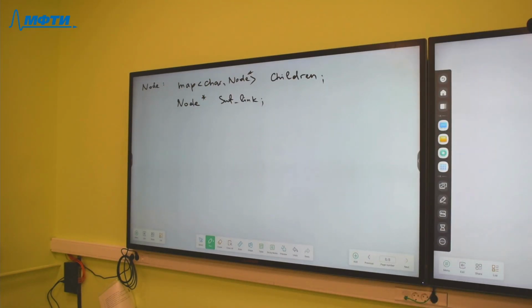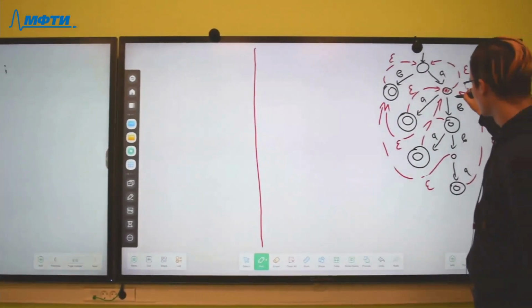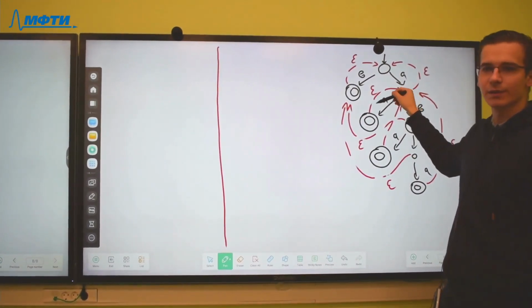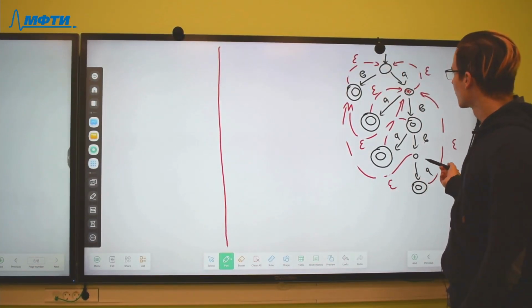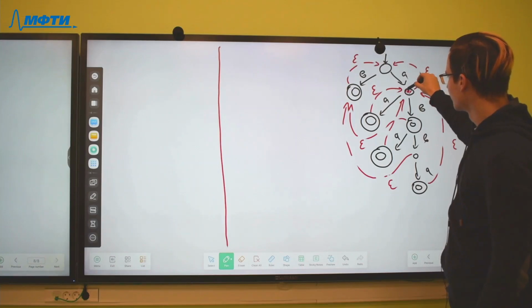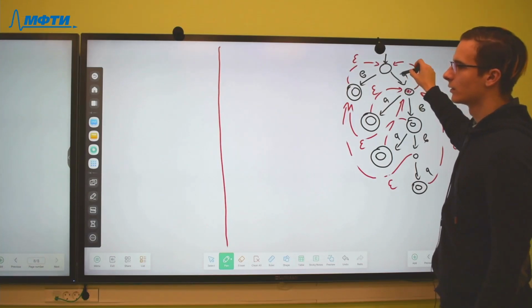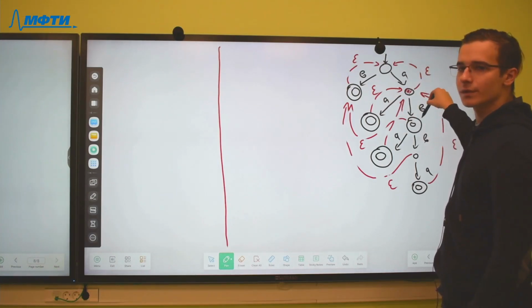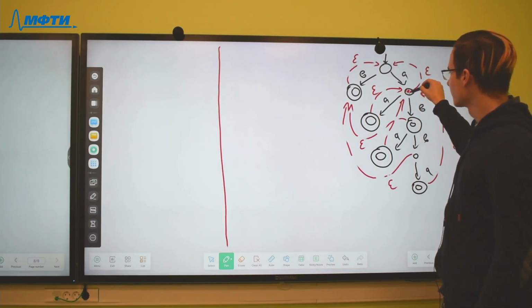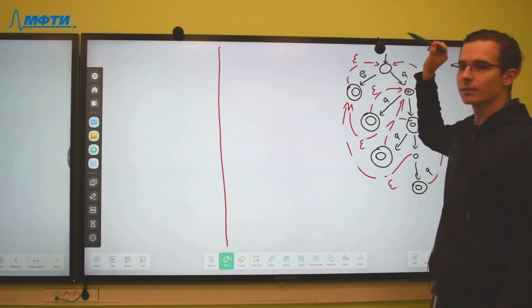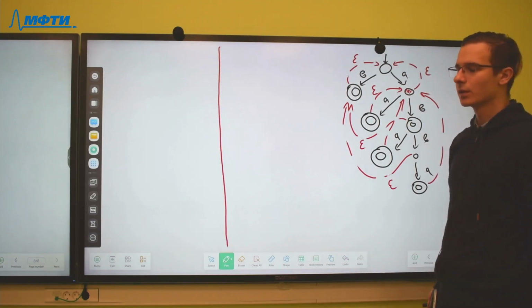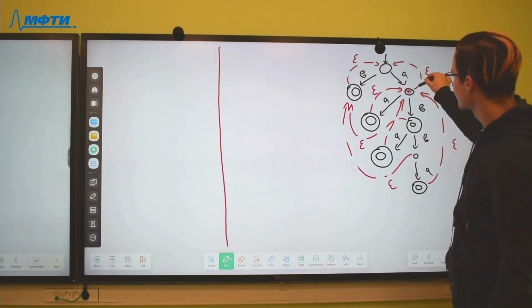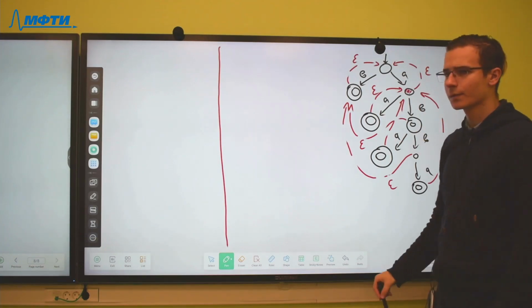About node, we have this node, and we need to understand how to implement it, how to build this tree. We build nodes as the map to other nodes, and a suffix link to the longest suffix of this word that is in the tree.